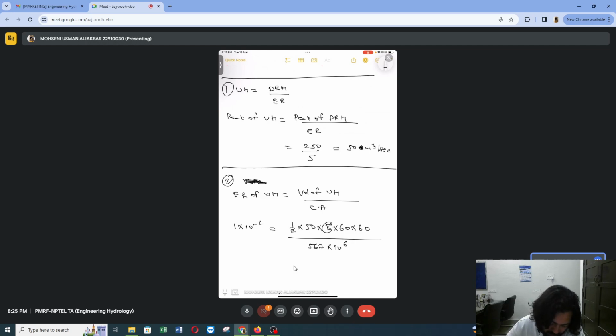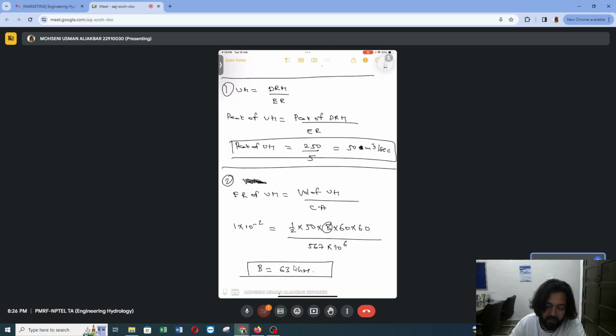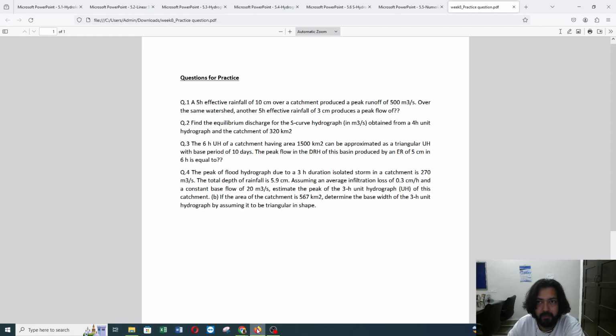If we solve this equation now, we'll get the value of the time base, and it would be 63 hours. So these are a few examples that can help us solve numericals based on this concept, right?